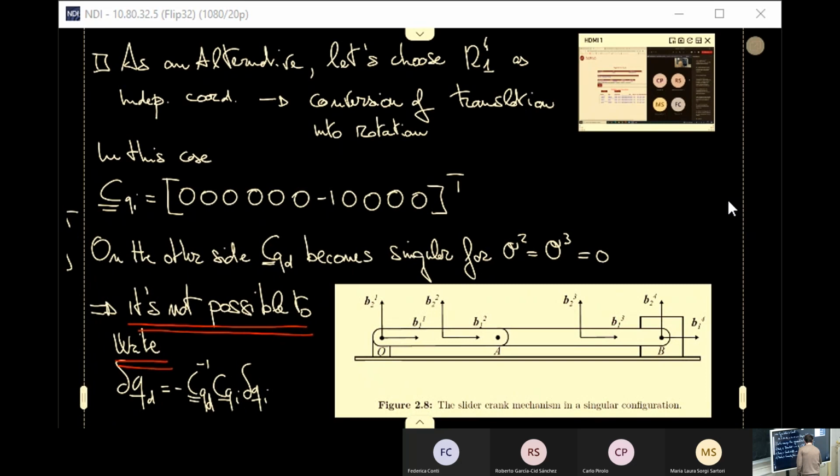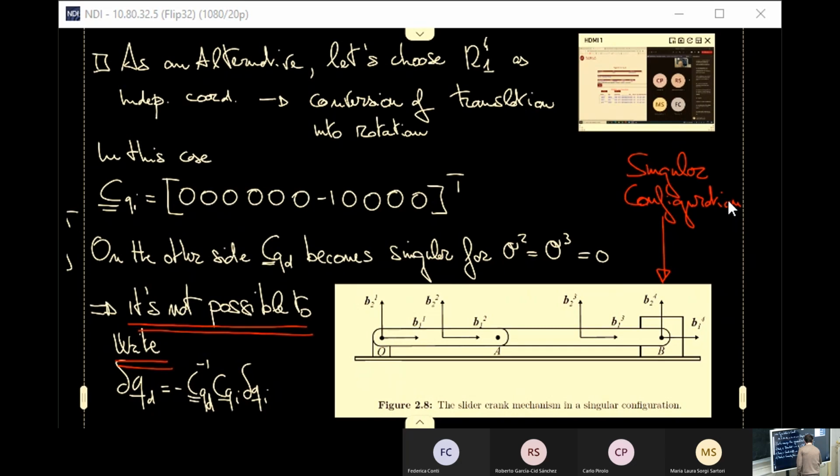And this is a singular configuration. For the other choice of the degree of freedom, the rotation θ2, you could observe that there was never the case in which CQD became singular.